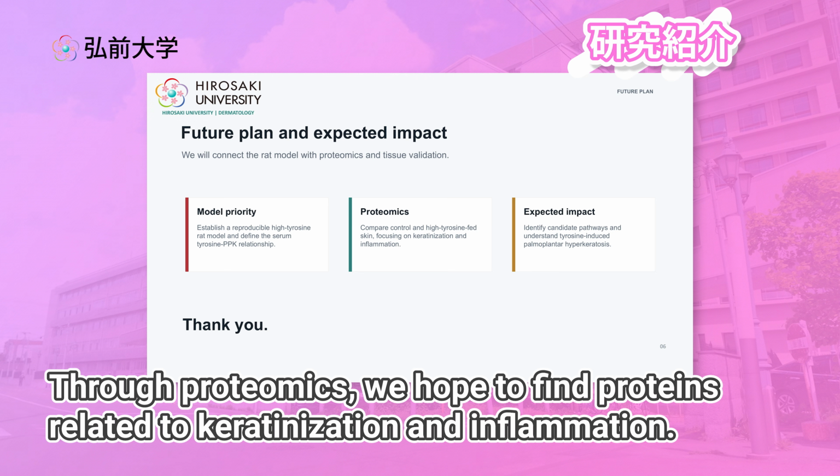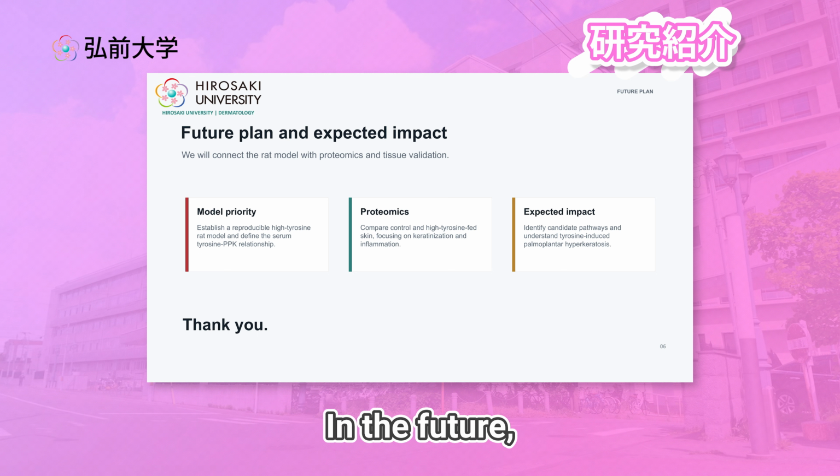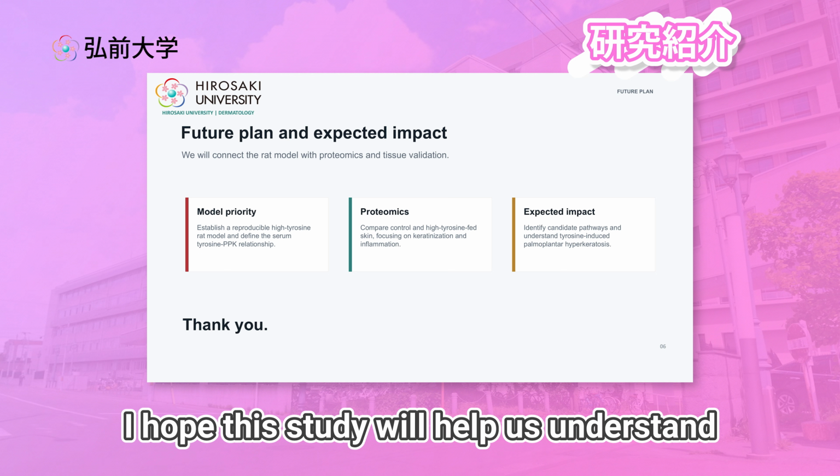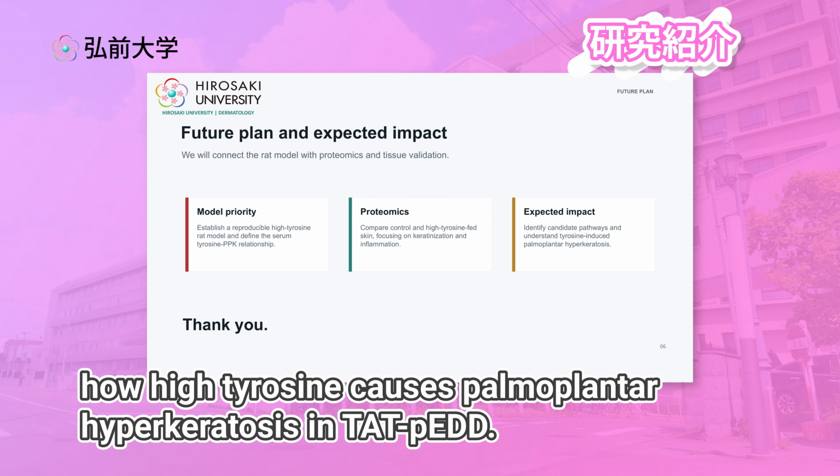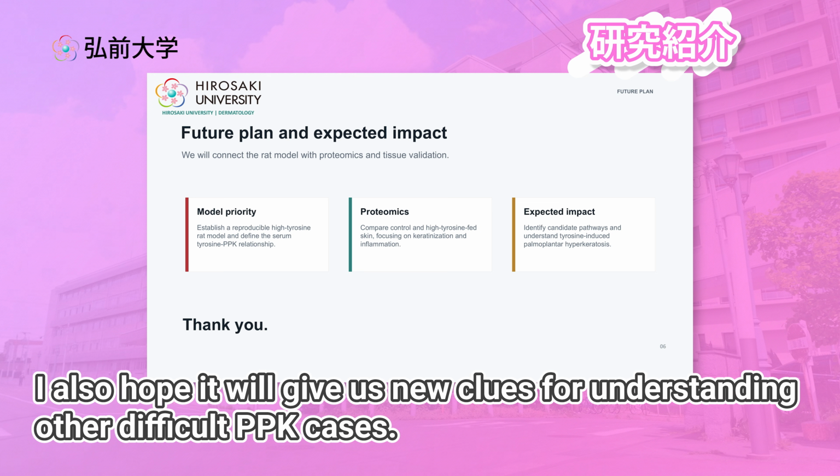Through proteomics, we hope to find proteins related to keratinization and inflammation. In the future, I hope this study will help us understand how high tyrosine causes palmoplantar hyperkeratosis in TAT deficiency. I also hope it will give us new clues for understanding other difficult PPK cases.